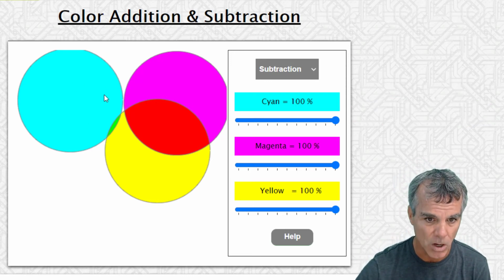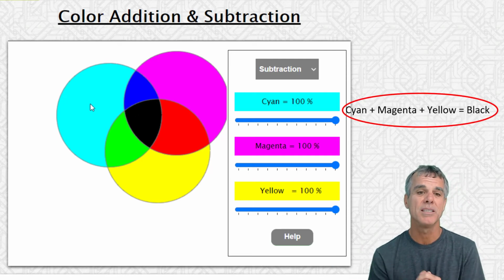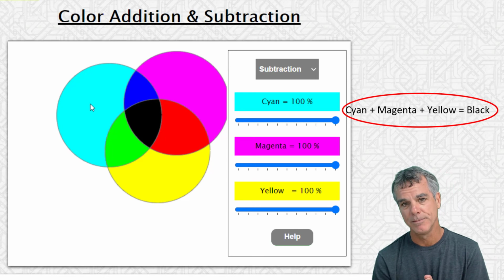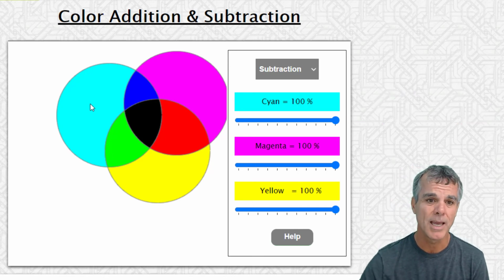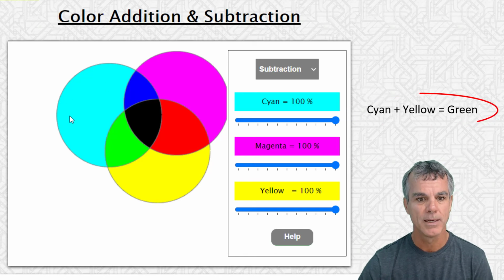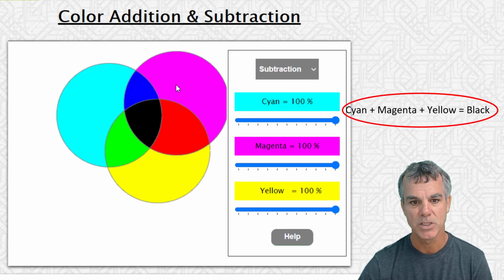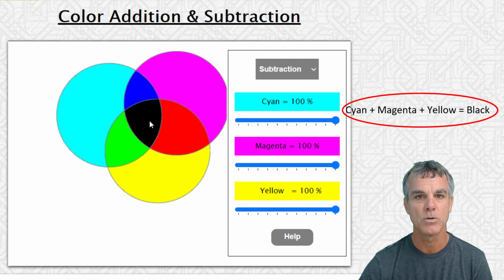And then if I have all three together, cyan plus magenta plus yellow, I get black. So one more time in summary, I have cyan plus magenta equals blue, cyan plus yellow equals green, magenta plus yellow equals red, and then cyan plus magenta plus yellow equals black.